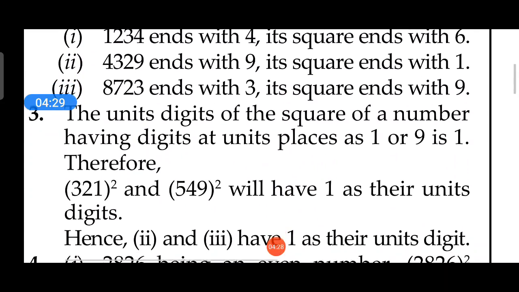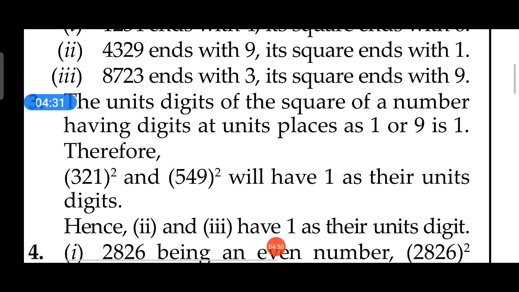Now, question number 3. Which of the following squares end with digit 1? The units digit of the square of a number having digit at unit place as 1 or 9 is 1.